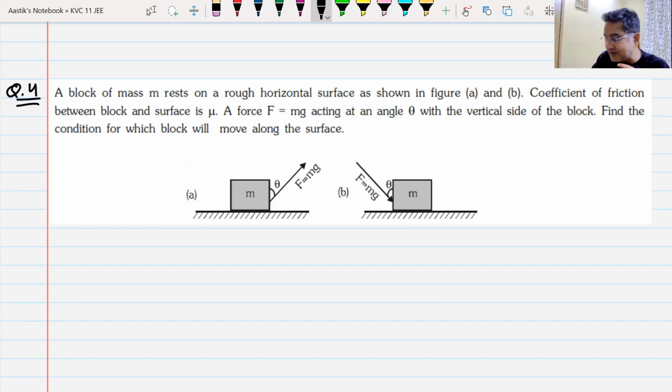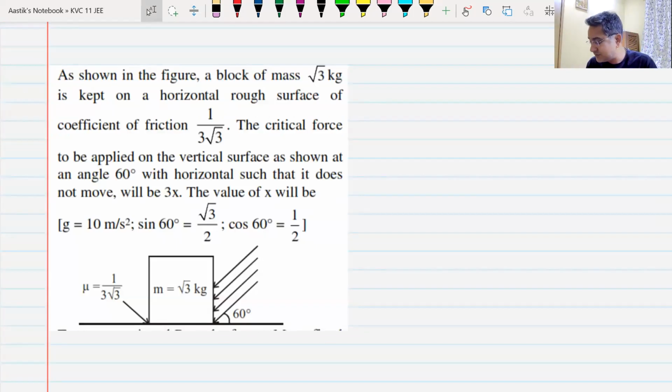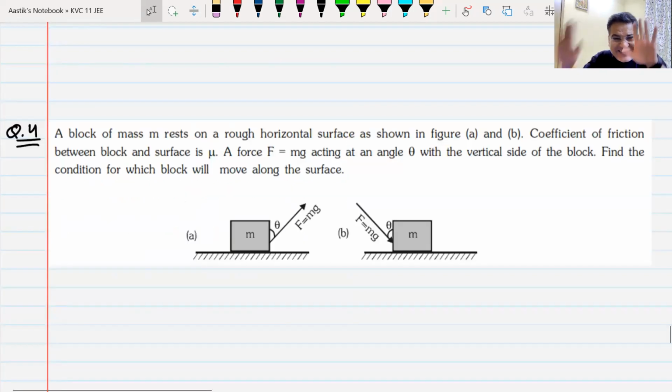Just for your reference, this was the question that came in the JEE. And this is the question that we are doing. And as luck has it, they are exact copies of each other.